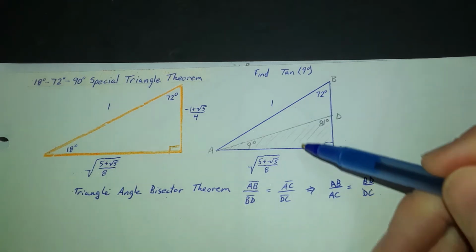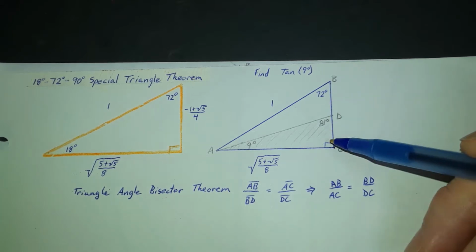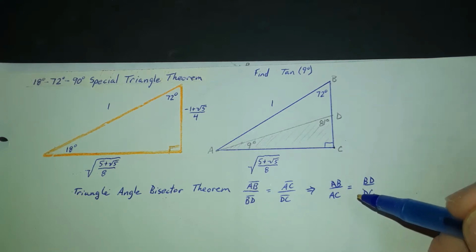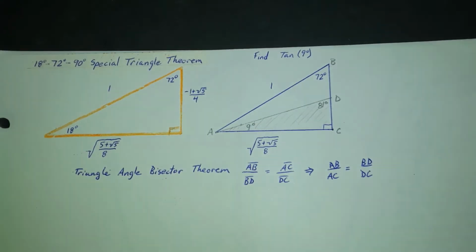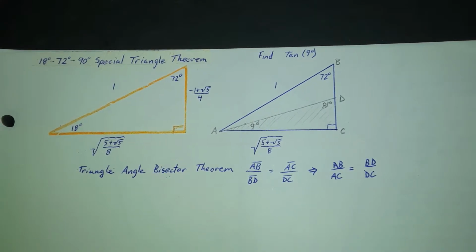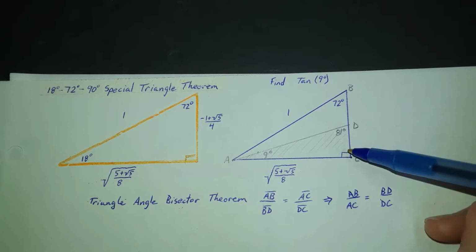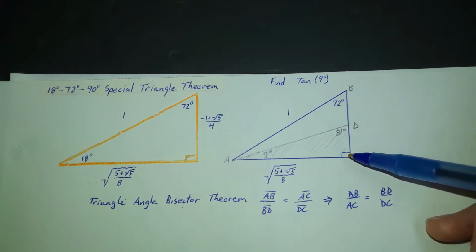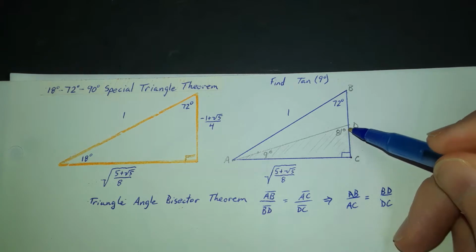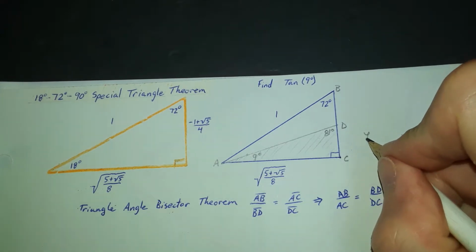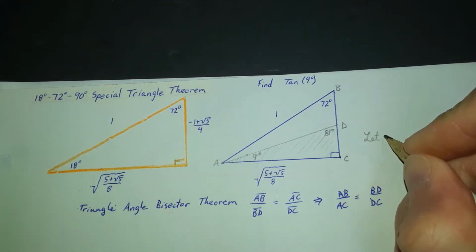So these opposite sides are in proportion to each other. These sides that were originally one side are in proportion to each other, and this is the form that I want to use. So I want to make some substitutions in here now. And these two sides we don't know the measures of. The side that we're really interested in is this side DC. So I'm going to assign another variable in here.